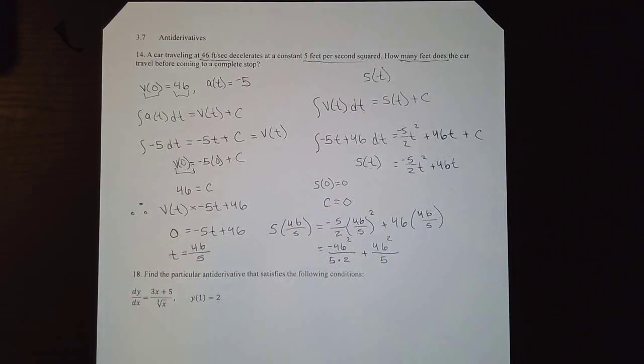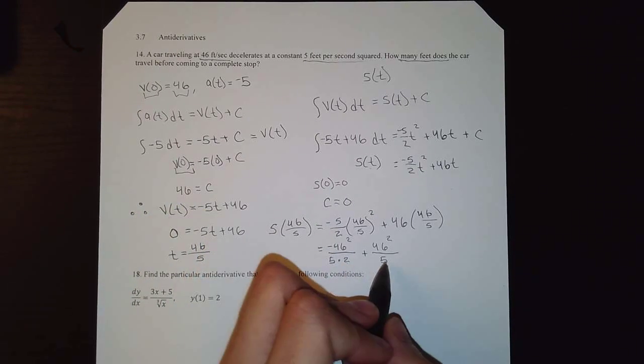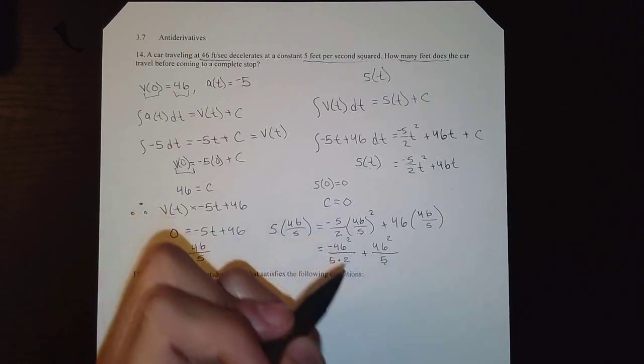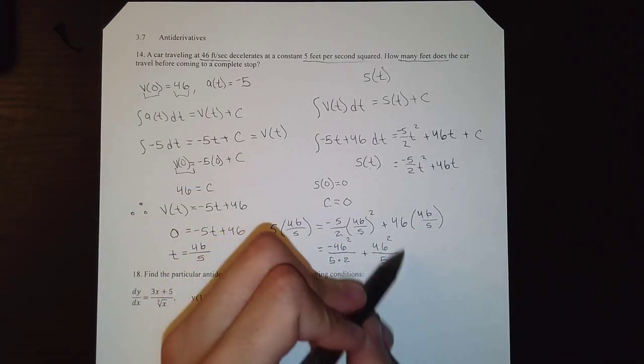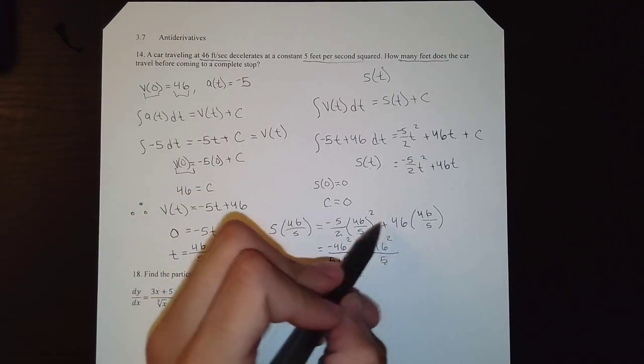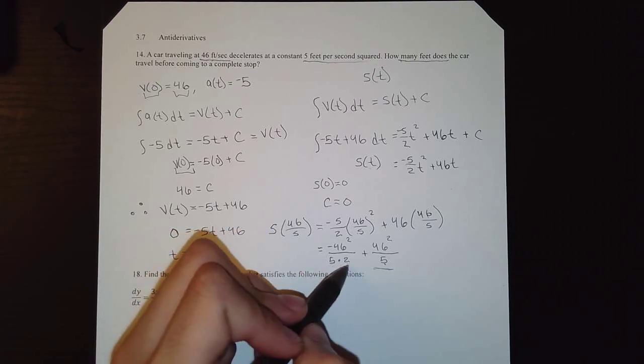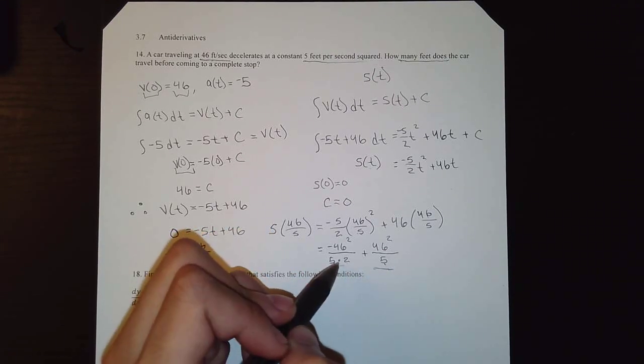Well, now I need a common denominator. I see this has a 5 and a 2, and this only has a 5. So I have to find a number that I can multiply into this fraction to get the bottom equal to 5 times 2.